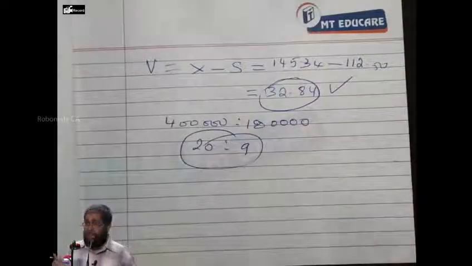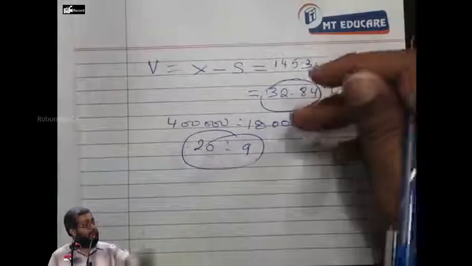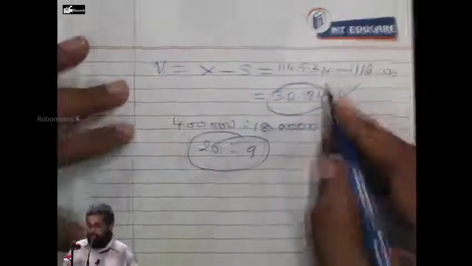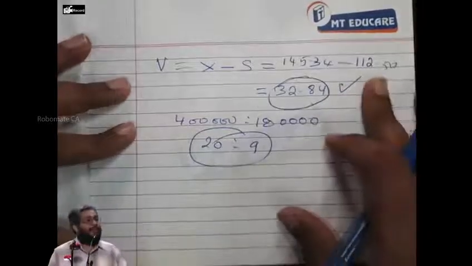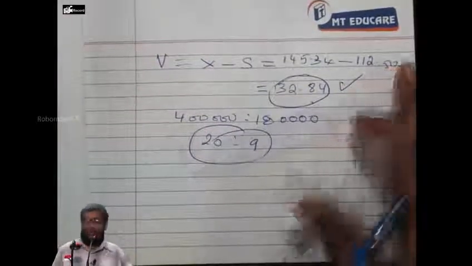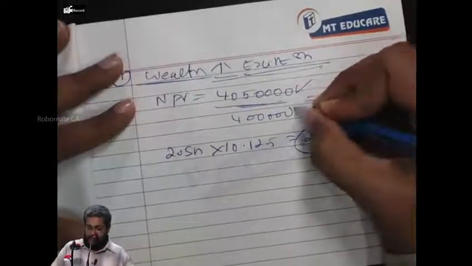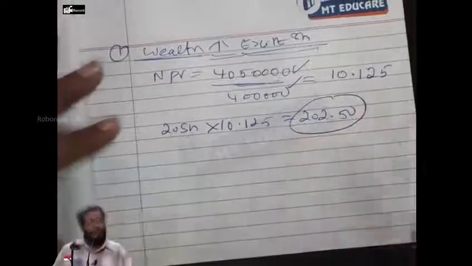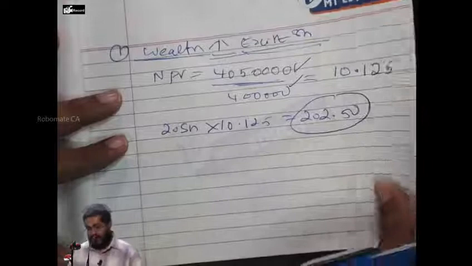If that is the argument, if it is true, then this rights price is absolutely okay. I can price my rights at 32.84. Due to this rights price, I'll be getting 202.34 NPV for the 20 shares, or per share NPV is this much. The entire NPV is cornered by old shareholders. Now, suppose I think the other way around. In the other way, see.